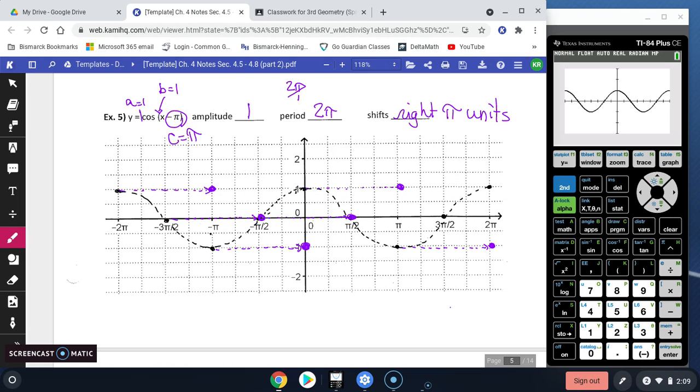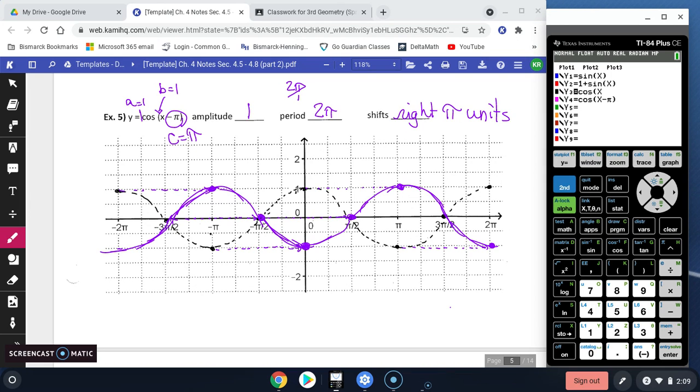Okay, so you can see this. Yep. Okay, and then I can continue. I've seen what it looks like, and I can continue that shape.